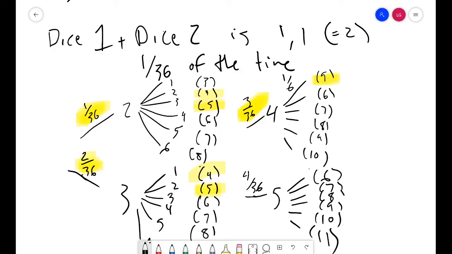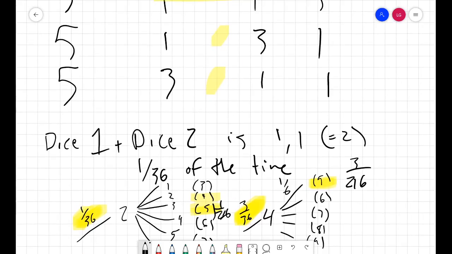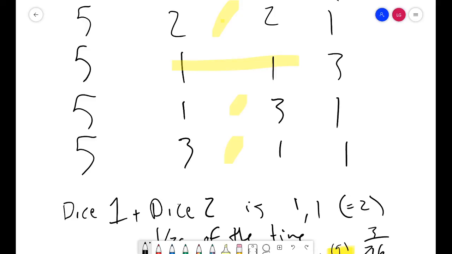So here we start to talk about this 3 out of 216, 2 out of 216, 1 out of 216. Overall, the odds of getting a sum of 5 on 3 6-sided dice is 6 out of 216 different combinations.